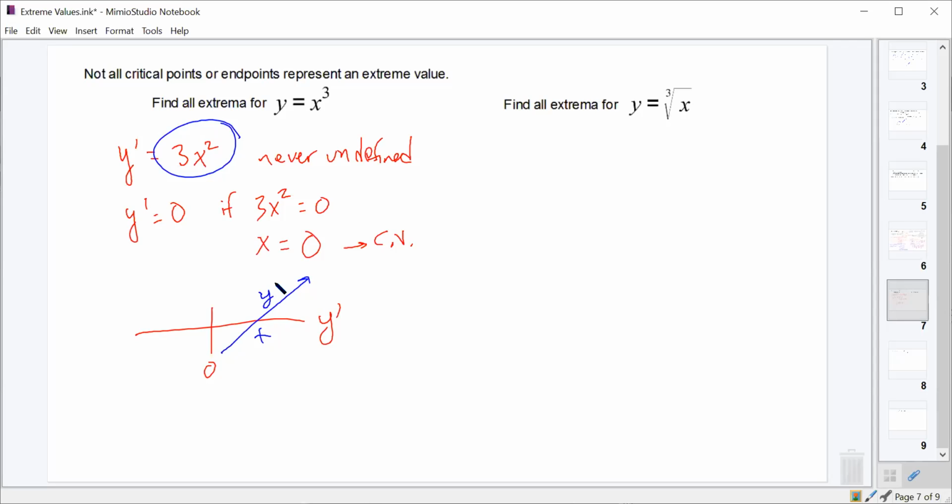And what about if you plug in a negative number to it? Positive. Still get a positive, right? You square that negative, becomes positive, multiply it by 3, it's still positive. So this is telling us that no matter what, this function is always increasing. And therefore, it's not going to have a local max or a local min at 0, even though it was a critical value, right? We don't have increasing and then decreasing or decreasing and then increasing. Everybody good with that?